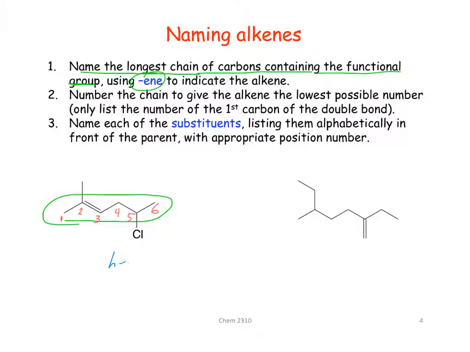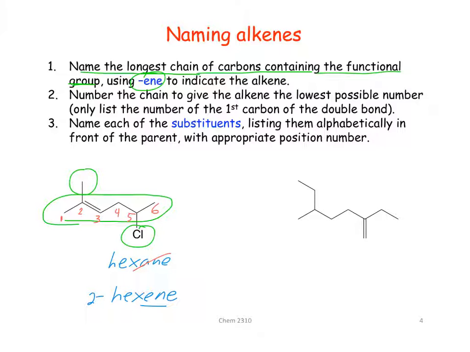So if we started out with the alkane, we're going to cross out the A and E, and we're going to make the E and E. So that tells us there's a double bond. Now the double bond starts at position 2, so this is a 2-hexene. All right, we have 2 substituents on here. We have a methyl here and a chloro here.